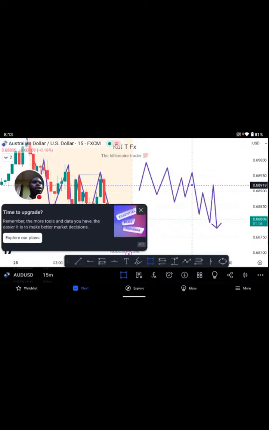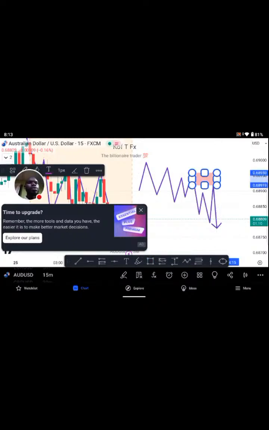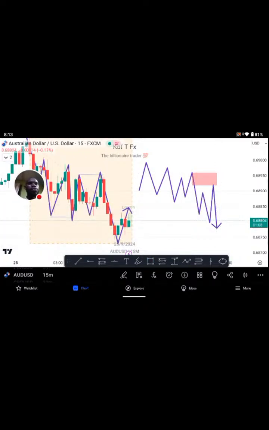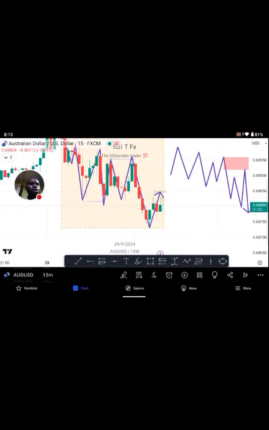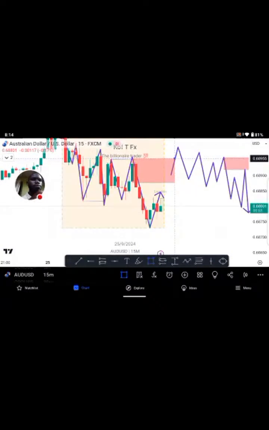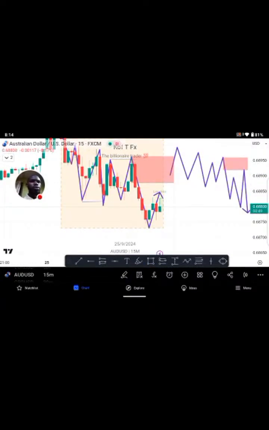Another thing based on backtesting and experience, if I am to take this trade, for example, let's take a look at it.